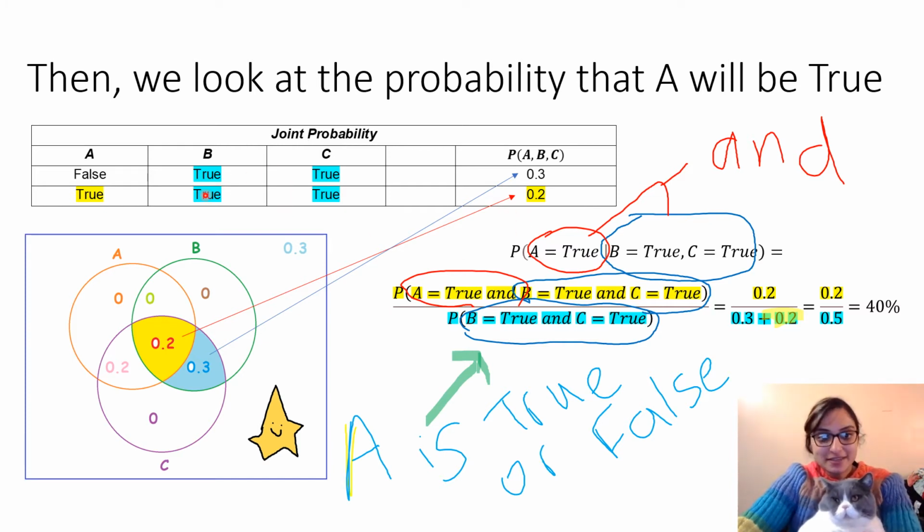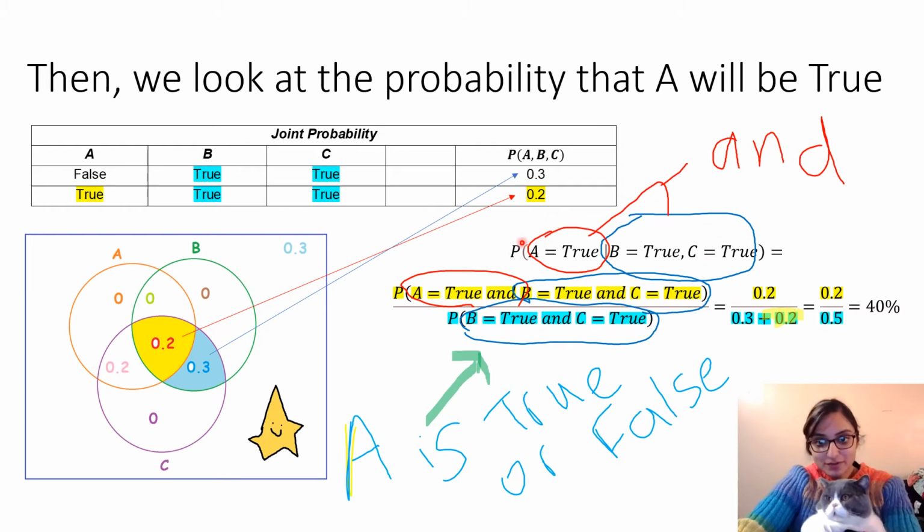So again, as you see here, we're adding the case that A is false, but B is true and C is true, this 30% right here. We add that along with the case when A is true, B is true, and C is true, this 20%. So we get 0.2 over 0.5, which is 40%.